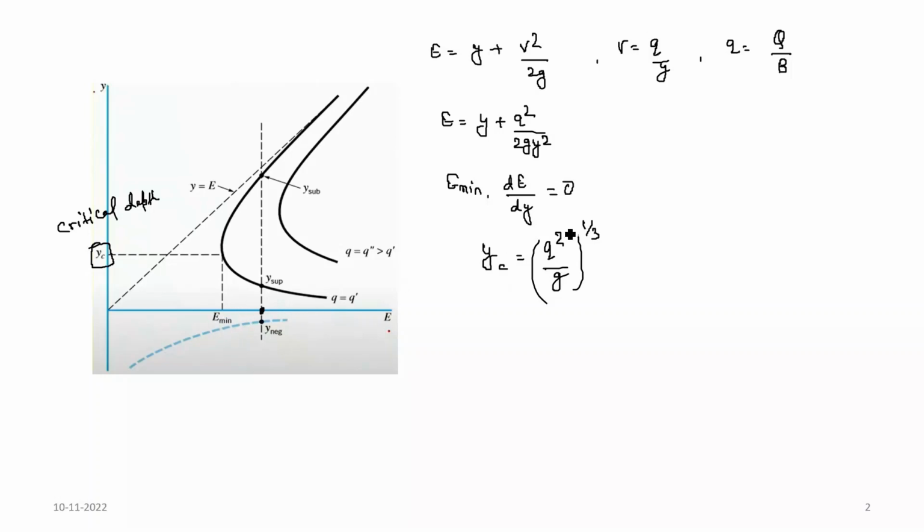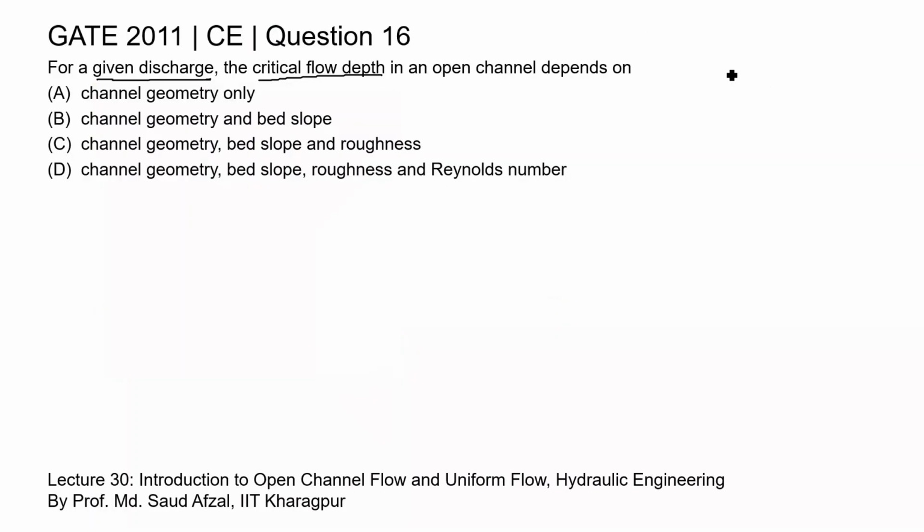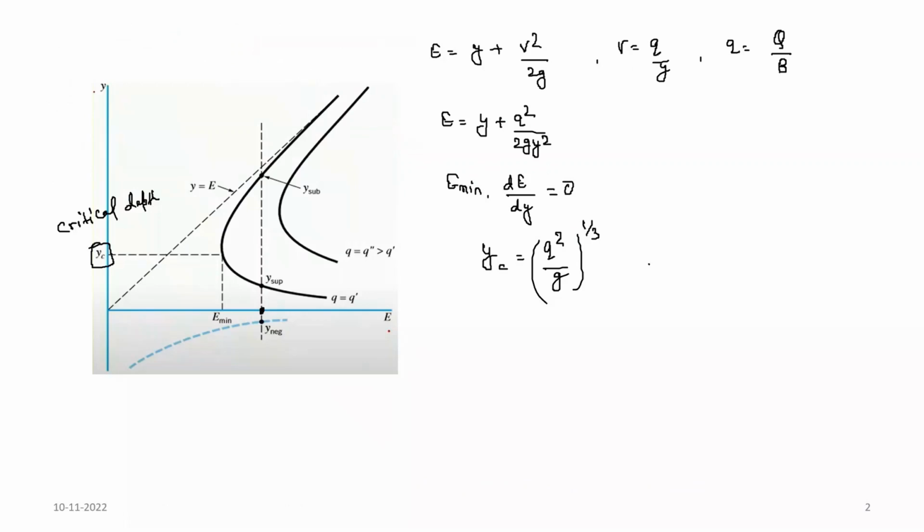If we see this equation for critical flow depth, we can see yc depends on q, where small q is nothing but the discharge per unit width. In this question it is given for a given discharge. Since capital Q is constant, that is for a given discharge, q depends only upon B, that is the width of the channel. So we can say that yc, the critical flow depth, depends on flow width.